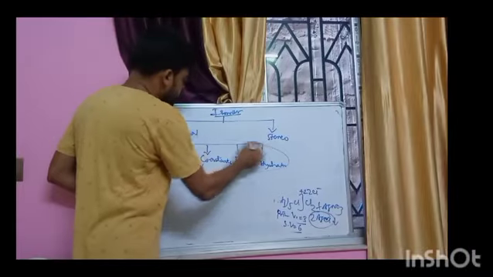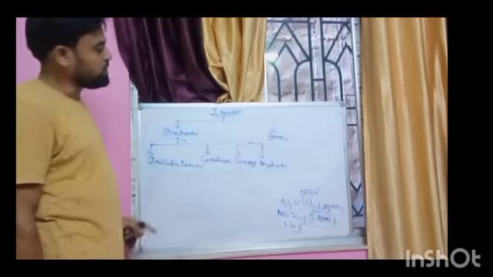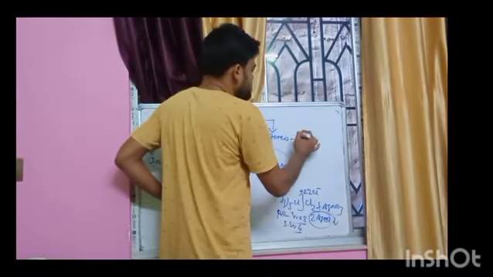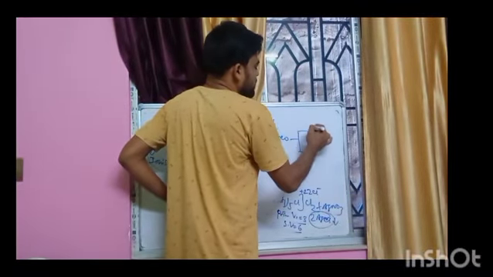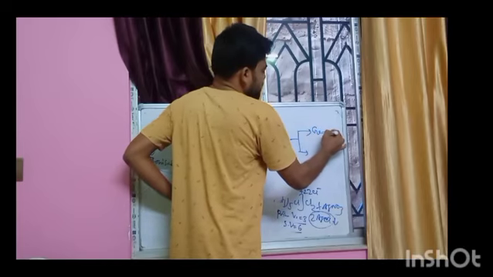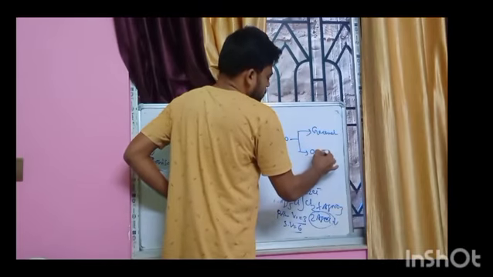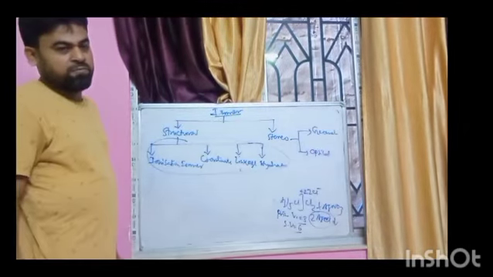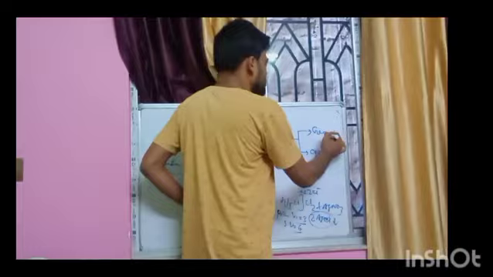At first, we discuss these types of structural isomer, then we go to stereoisomers. The stereoisomers are of two types: one is geometrical isomer and the other is optical isomer. Geometrical isomers are of two types, cis and trans.